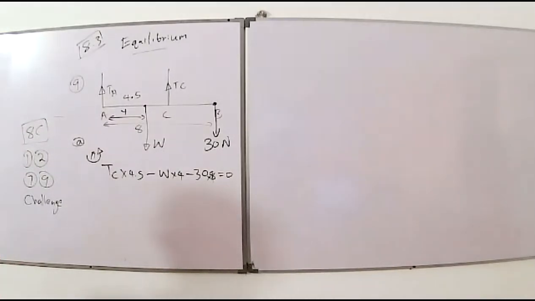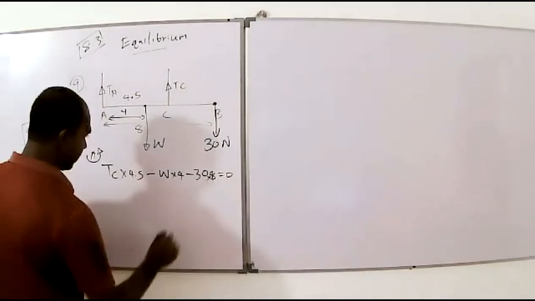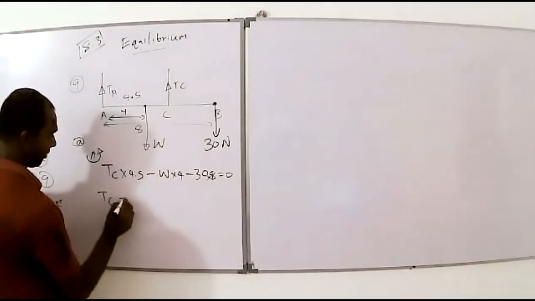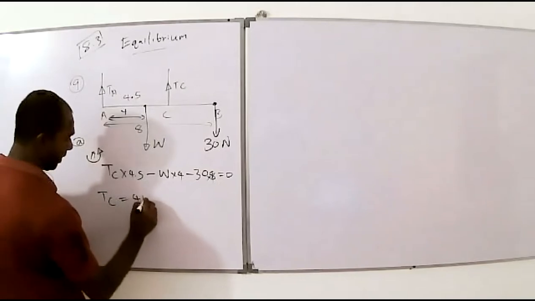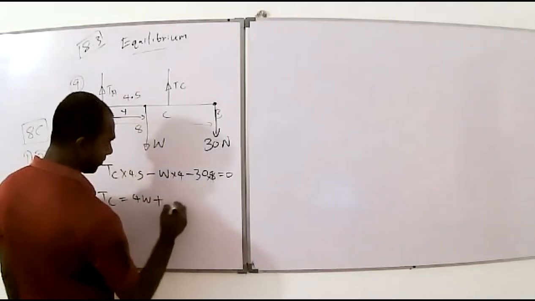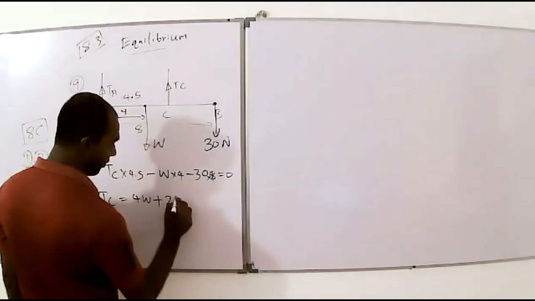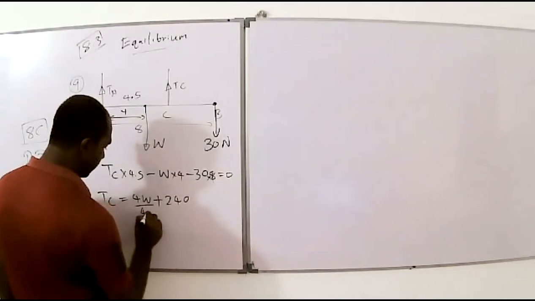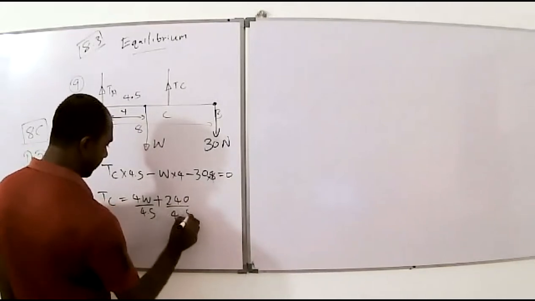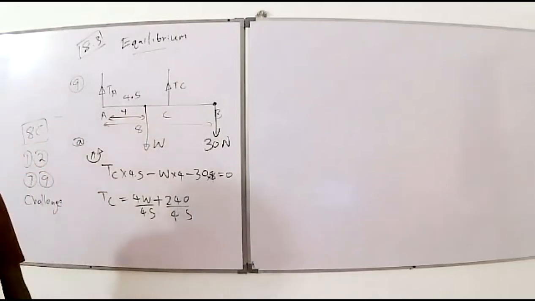What do we get? If we make TC the subject, we get TC equals 4W plus 240, divided by 4.5. Here also 4.5. If you look at the answer, we have 8 over 9 and 160 over 3.